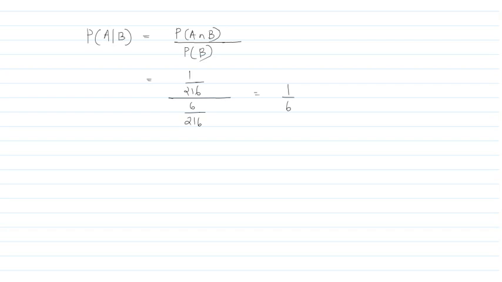So the probability of A given that B has occurred can be evaluated as 1 by 6.